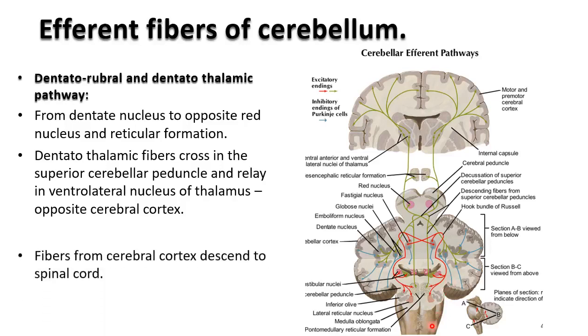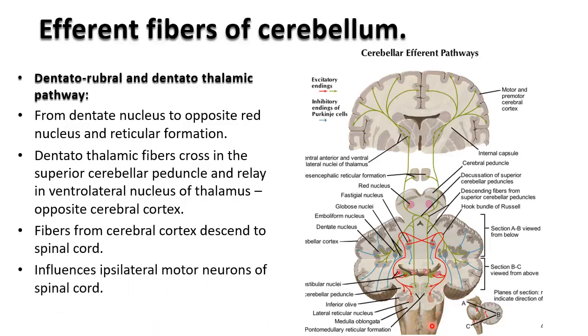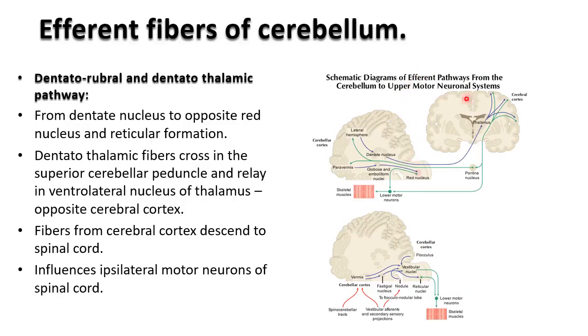So fibers from the cerebral cortex descend to the spinal cord and influence the ipsilateral side. What is the information it is giving through the dentatothalamic and dentatorubral pathways? Here you see the dentatothalamic pathway. Among efferents, we have seen the vestibular pathway, the globose-emboliform pathway, and the dentatorubral and dentatothalamic pathways.